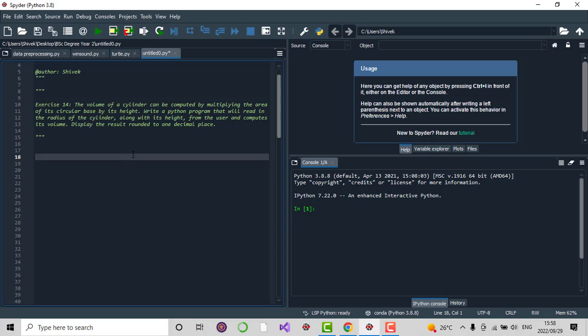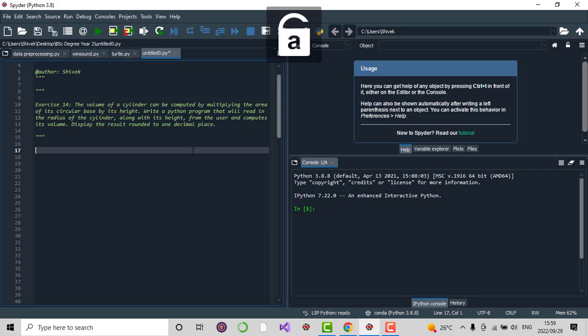And in this particular Python program, they're asking us to have a program that's going to read in the radius of the circle, which is for the base of the cylinder, and also read in the height. So the user is going to specify two values, the radius and the height. Another important thing to be aware of is we will be using pi, the mathematical constant.